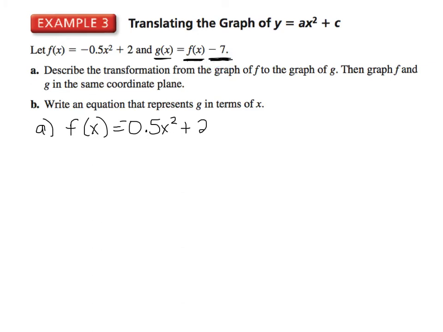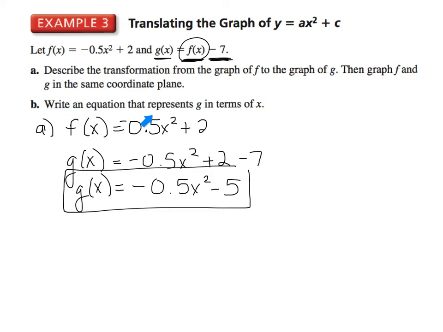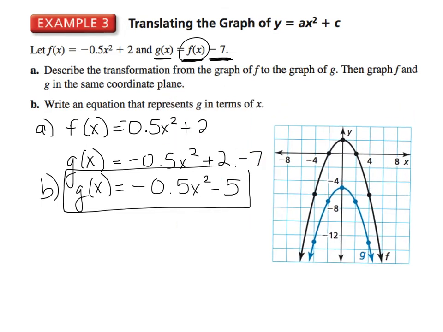So because it says to subtract 7, g of x is going to be taking the negative a half x squared plus 2, which is the f of x, and subtracting 7. So that would give me negative 0.5 x squared minus 5. So there's the first part of step A. The function is g of x equals negative half x squared minus 5. And actually, we just solved B. B is right there. Write an equation that represents the function g. We just did that. Now, if we graph this, if we graph both of them, it would look like that.